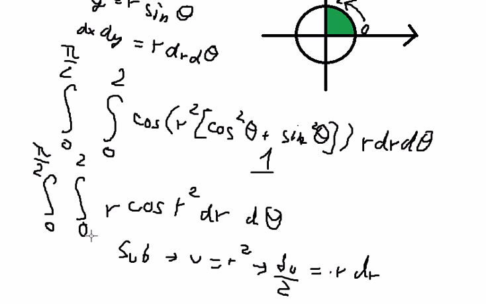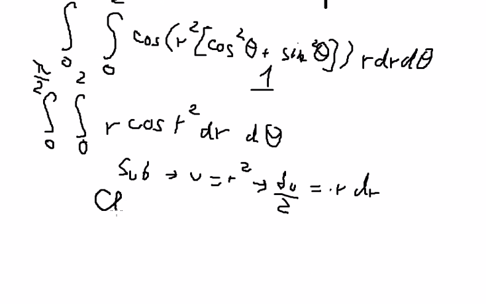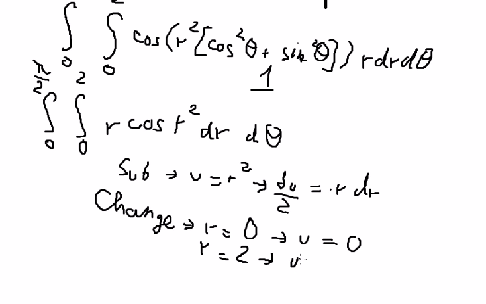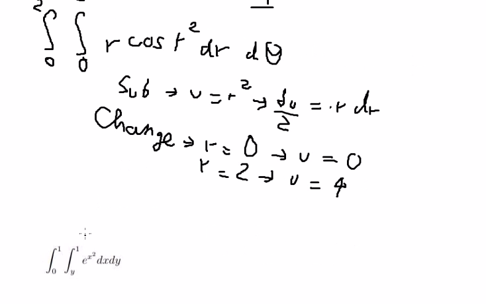So now we need to change the bounds in here. If r equal to 0, so u should be number 0. If r equal to number 2, so u should be number 4. So in this situation, you got the interval from 0 to number 4.